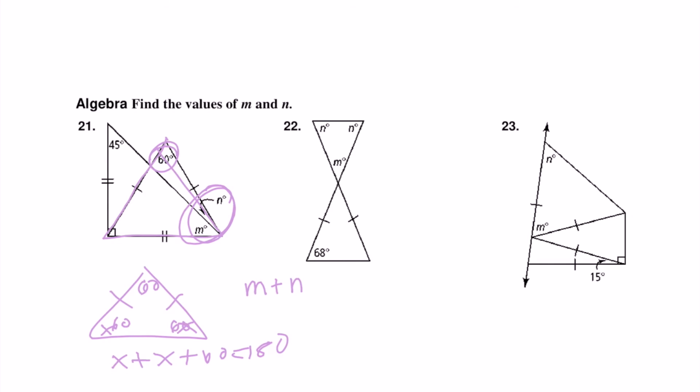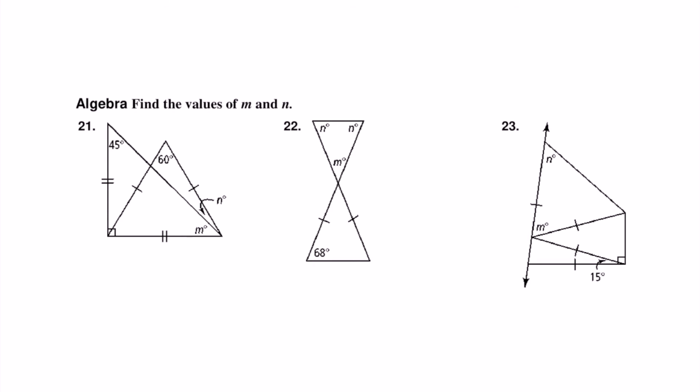Now, I'm going to back this up. Let's actually just clear these drawings. So let's put that thought up here. m plus n must equal 60. I'm just going to have that in the back of my mind. Now look at the other triangle. The other triangle says, let's see, we've got a 45, 45, 90.